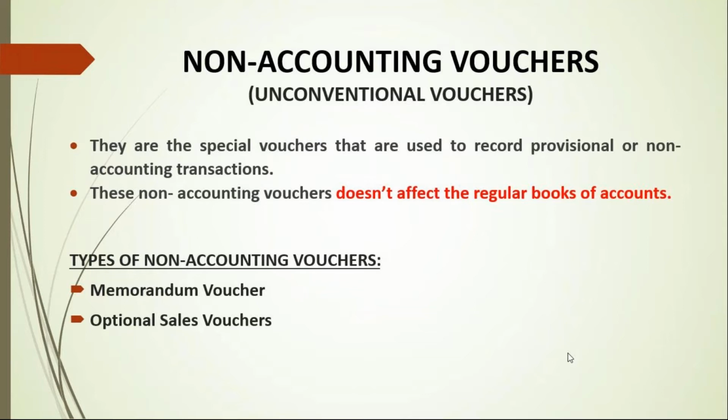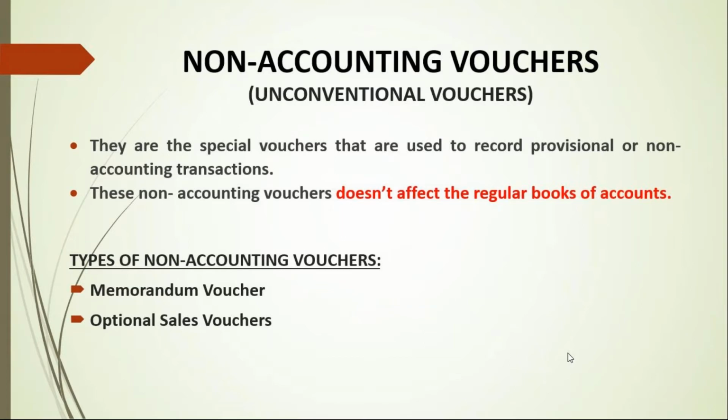So what kind of entries are they? If I talk about the provisional or non-accounting transactions, which means, as of now, I have to pass this particular entry. It is required to record the entry in my company's books of accounts. But as an accountant, I have to make very sure that these entries, whatever are passed, should not affect my books of accounts, which means I should be safe.